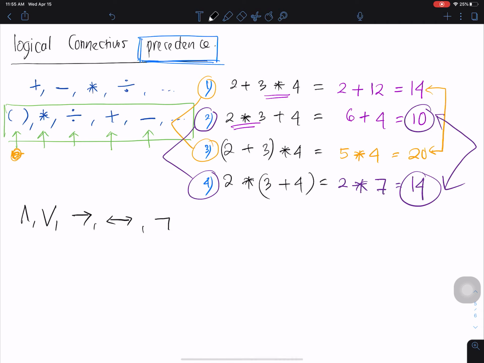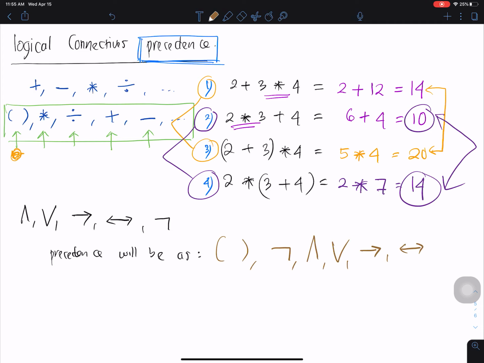In here, the precedence is that definitely bracket will come first, followed by, who do you think? Yes, negation. After that, followed by conjunction, and then disjunction, and then implies, and then bi-implies. So this is the precedence in logical connectives.